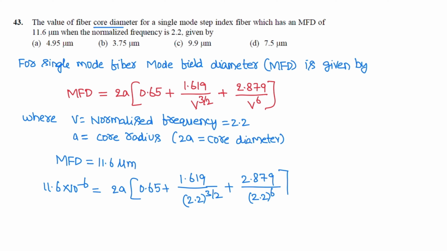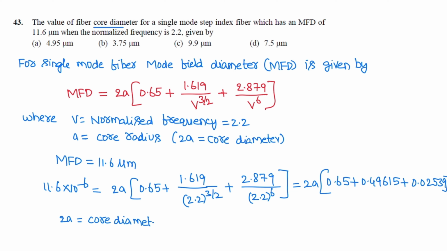Now it is 2a into 0.65 plus 0.4949615 plus 0.025392. 2a is the core diameter, equal to 11.6 micrometer divided by 1.1715.